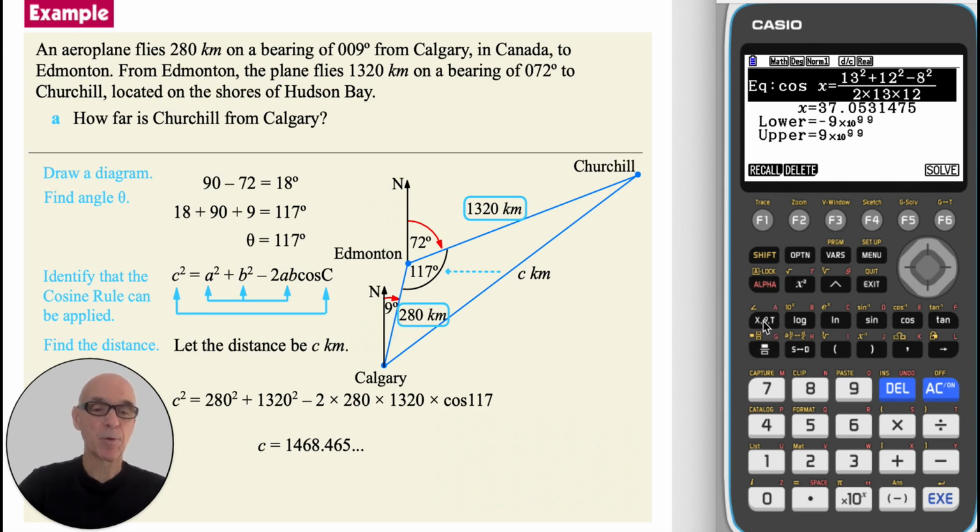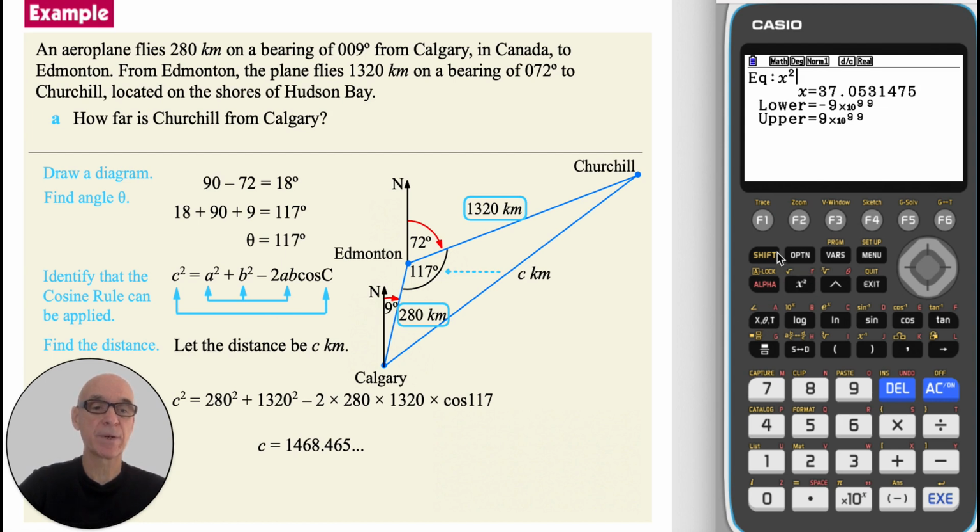Pressing the X variable button to represent c squared, Shift to access equals, and then entering 280 squared plus 1320 squared, subtract 2 multiplied by 280 multiplied by 1320 multiplied by, pressing the cos button, and 117 for the angle. Pressing execute to enter the equation, and F6 to solve the equation.